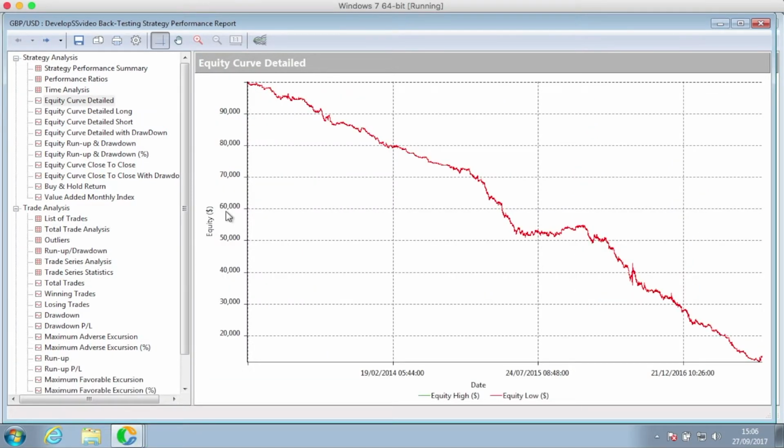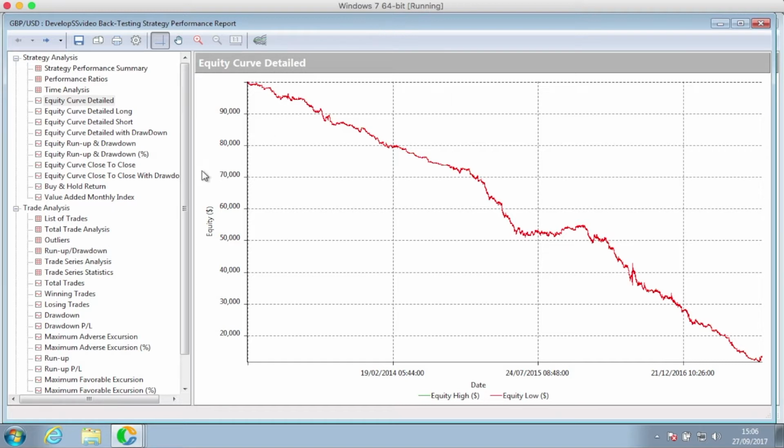So there we go. That is the exact same strategy, and all I've done is add $20 worth, or 2 pips worth, of costs into the strategy, and that's how drastically the equity curves can change on a strategy like this.